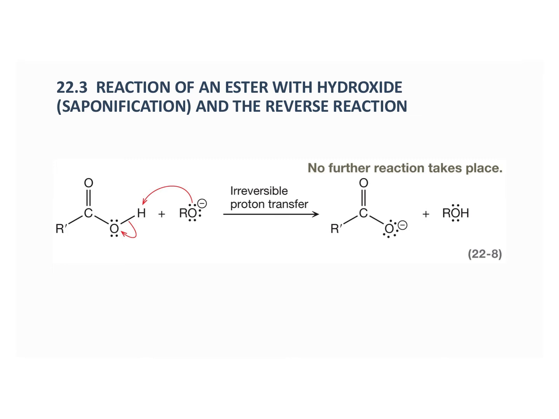Instead, the alkoxide anion, which is a strong base, so this guy right here is a strong base, deprotonates the carboxylic acid rapidly. This is a rapid reaction, and irreversible, to produce a carboxylate anion, and after that, there is no further reaction.